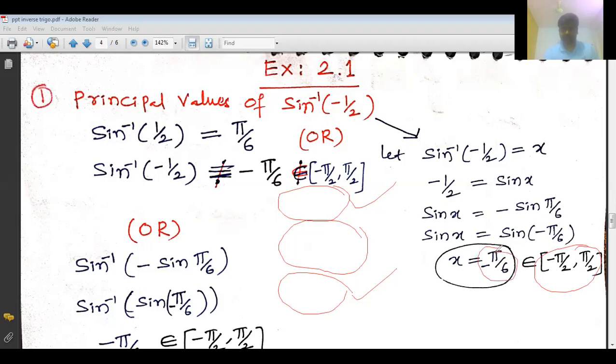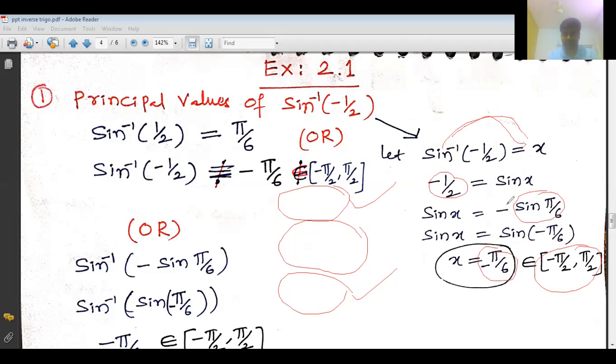What is the working method for CBSE that you would understand? Just take this function as any variable, x. After that, sine inverse comes here, that will become sine x equal to minus 1 by 2. So minus 1 by 2, how can I write? Minus sine 30. Directly I cannot cancel sine on both sides.